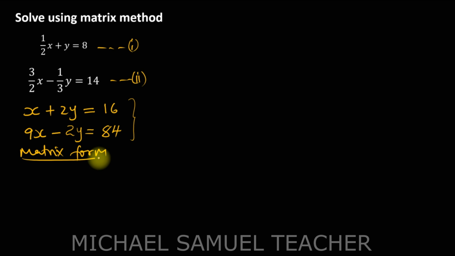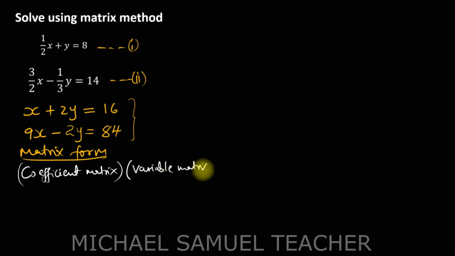When I say matrix form, the first thing we need to do is extract the coefficient matrix. Then I multiply by the variable matrix, which will be equal to the constant matrix. Just to show you step by step so it will be clear for you.